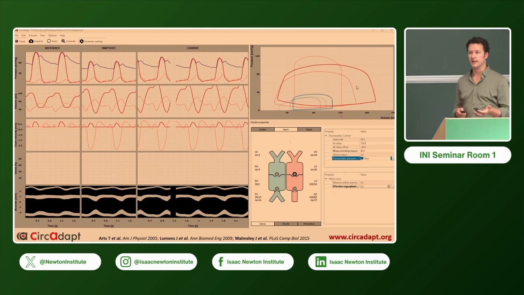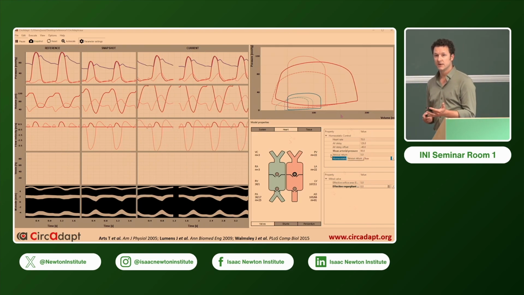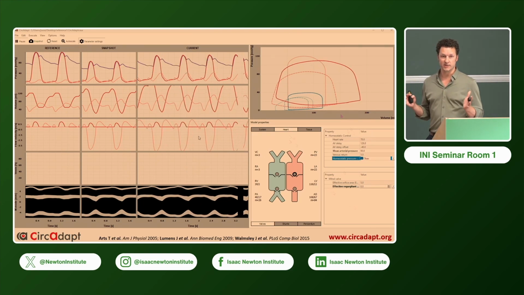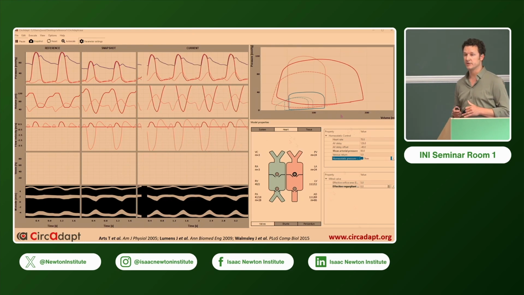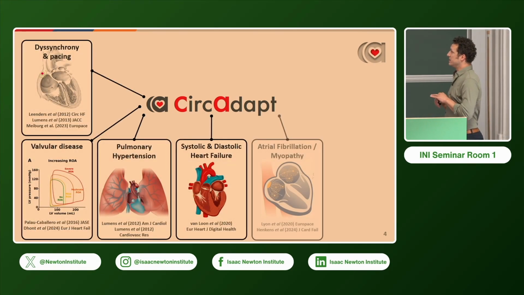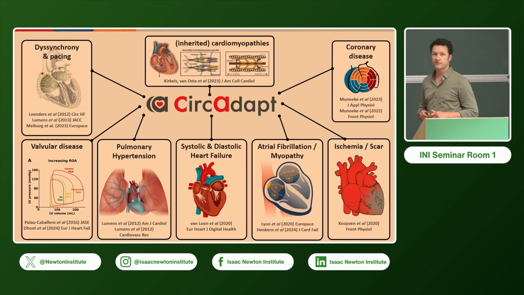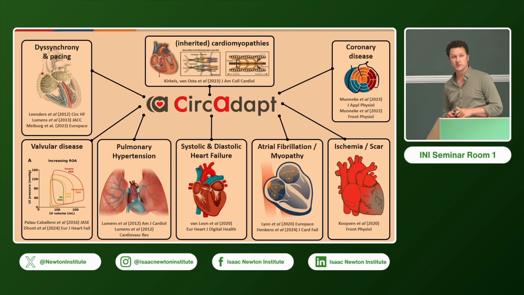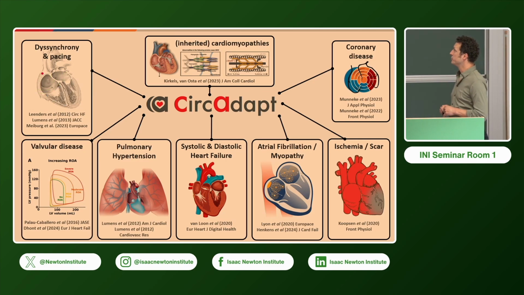And then you realize that much of the phenotype a clinician is looking at is actually the regulatory actions of the system, the autonomic nervous system. Anyway, over the years we applied this framework to several fields of cardiology, different pathologies and comorbidities, and here are a few.